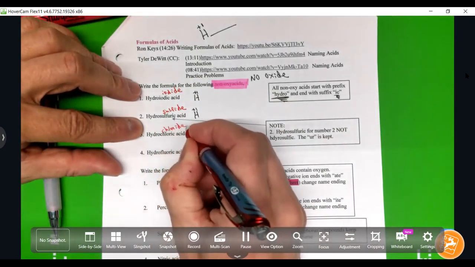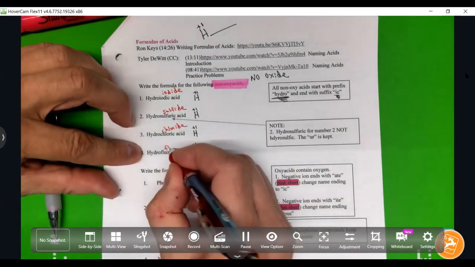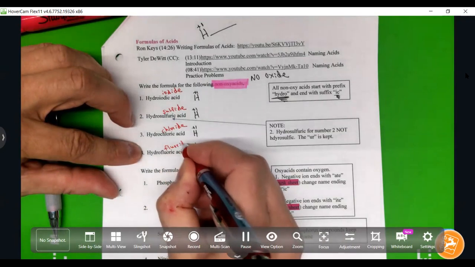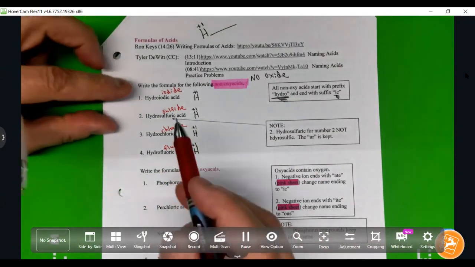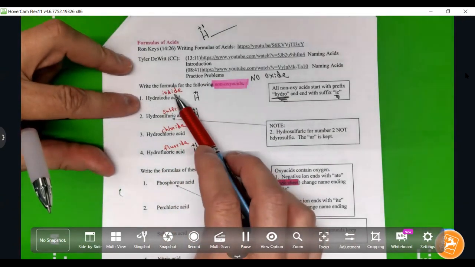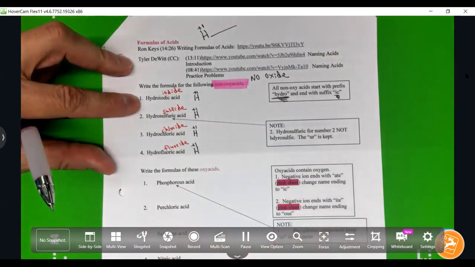We're looking for a single, typically a single negative ion. In fact, it's the same as hydrogen iodide, hydrogen sulfide, hydrogen chloride, hydrogen fluoride would be the same thing.